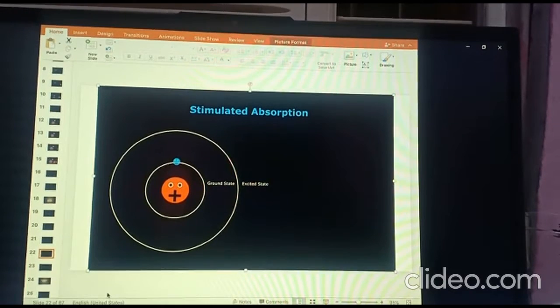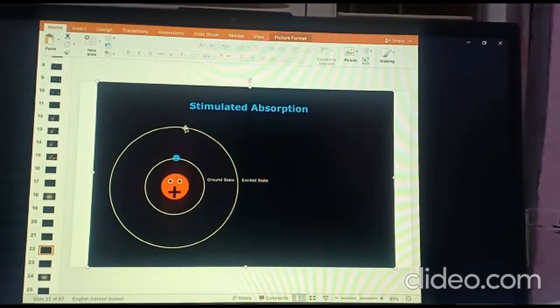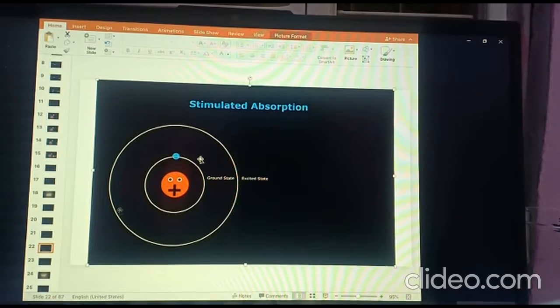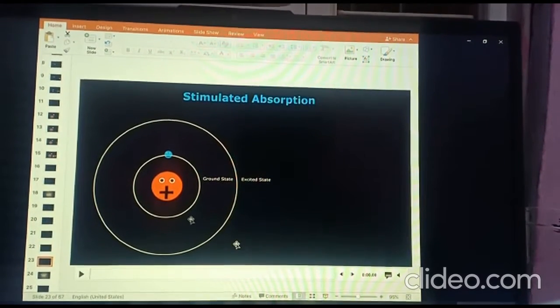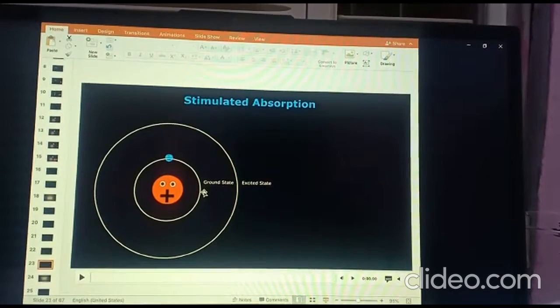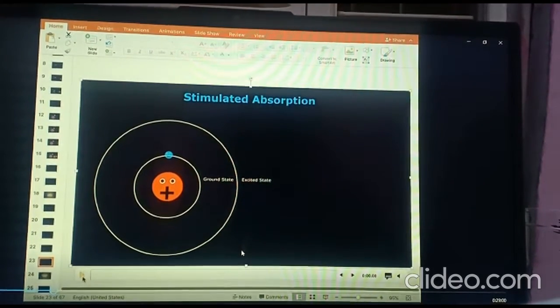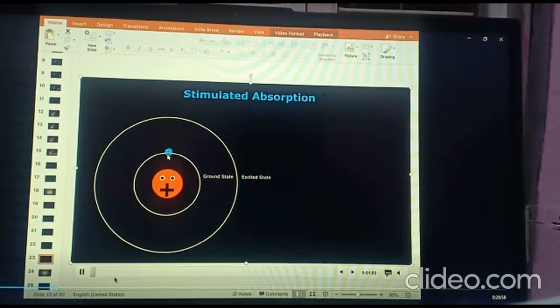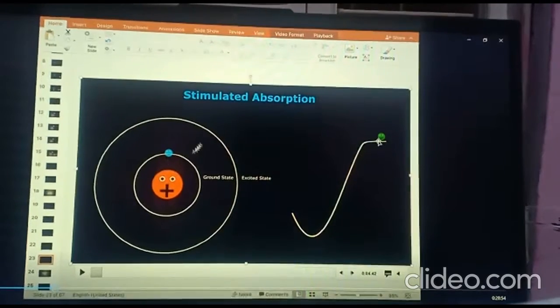Here I have taken a picture of an atom where there is a nucleus in red color and an electron in blue color. Okay, so the inner white circle is the ground state and the outside circle is the excited state. So when we give this blue one the energy, it will go from the ground state to the excited state.